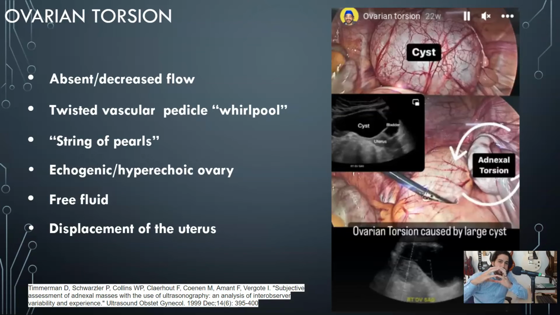Early on in the torsion, you'll have lack of venous outflow, but you still might have some high resistance arterial inflow, until that goes on for enough time and the edema gets so bad that it blocks the arterial inflow as well. Then you start to get into the territory of ischemia and then necrosis. You might have free fluid around these structures, and you might have displacement of the uterus. Depending on how severe the torsion is, it might twist and pull the uterus towards it.